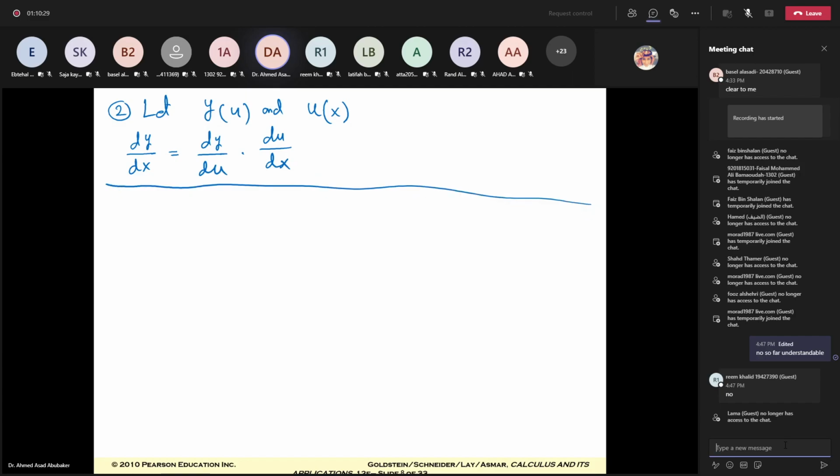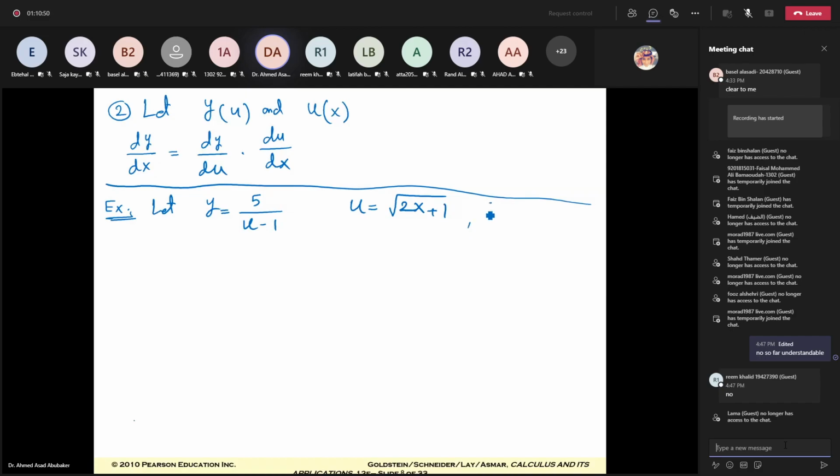Example about this. Let y equal 5 over u minus 1 and u equal radical 2x plus 1.